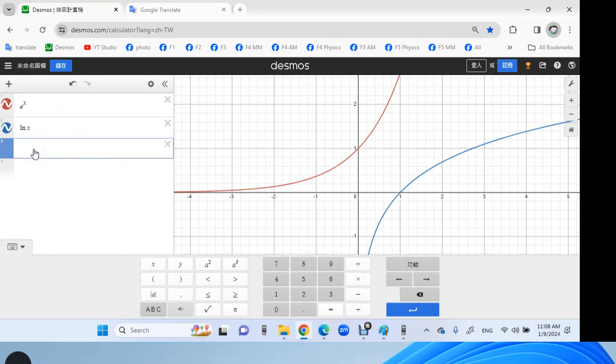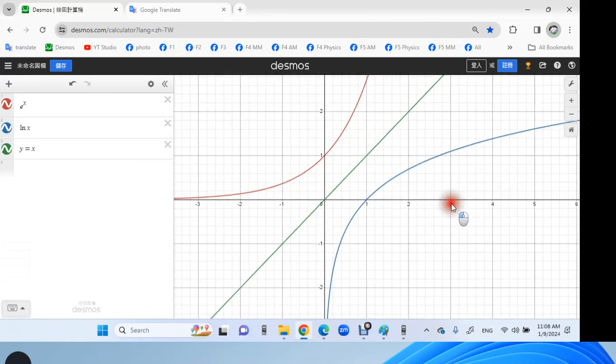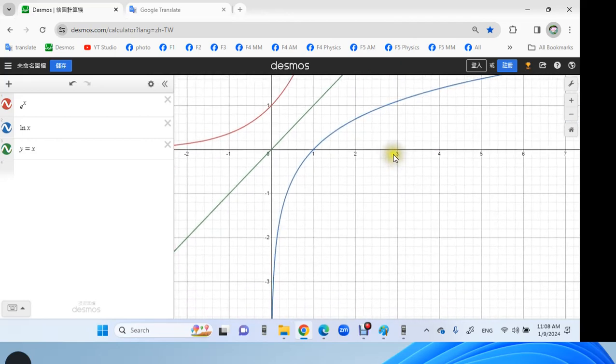Okay, so we have y equal to x is this one. So in the chapter 1 function, we know that the function and the inverse function, their graph is reflected in the y equal to x axis.